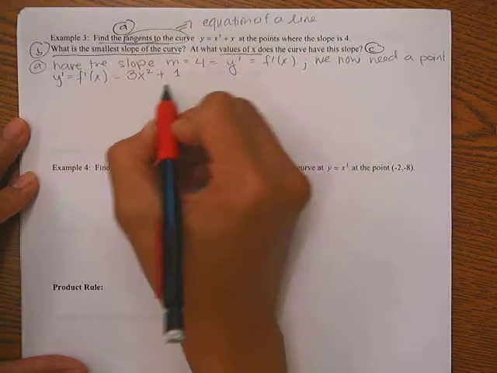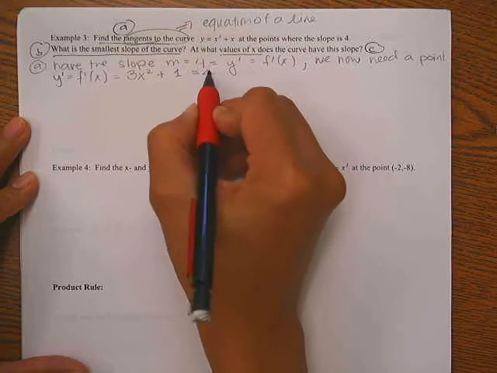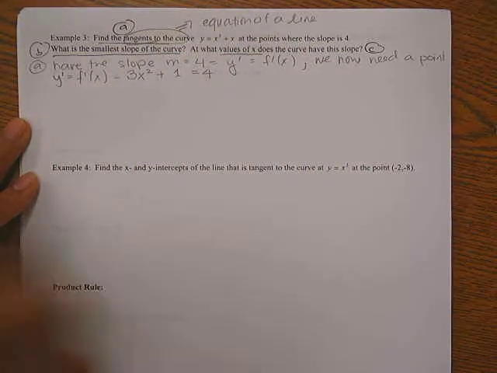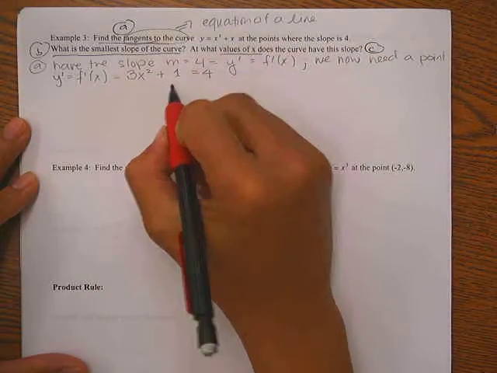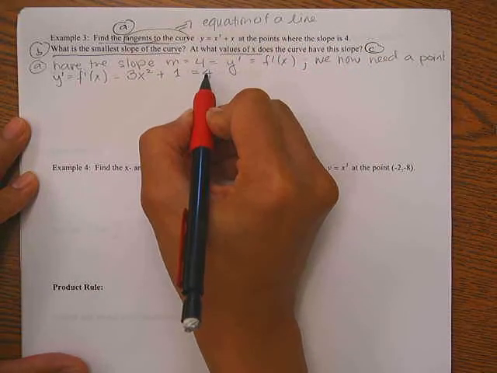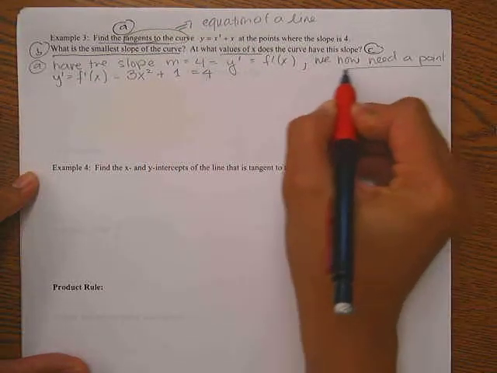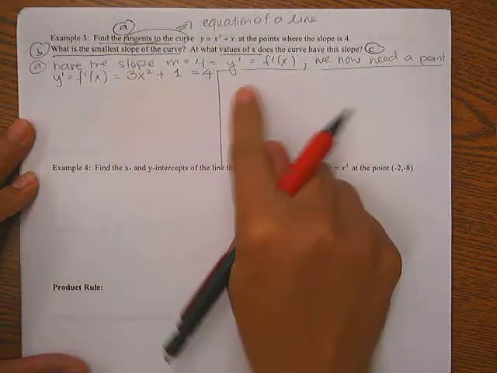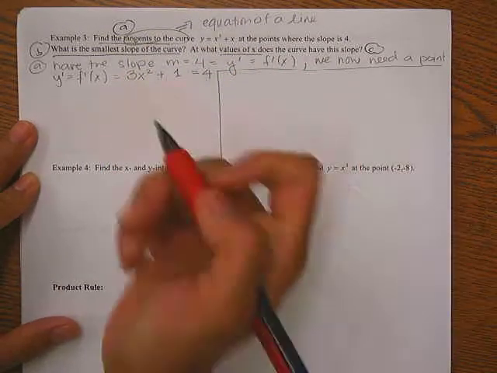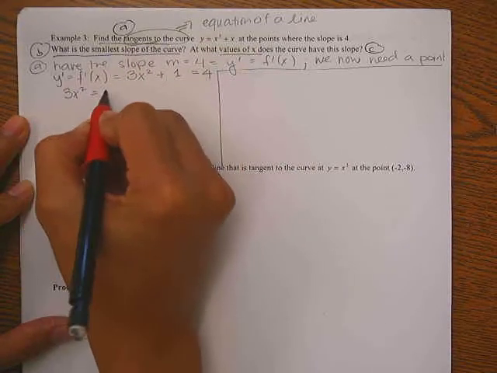Now that I have the derivative of the curve, I'm going to set it equal to 4, because that's the slope, and this is the slope at all x's. So now we're just going to solve for x. I'm going to work with this space for A, and in this space we'll probably do B and C. I'm going to move 1 to both sides, so I have 3x squared equals 3.